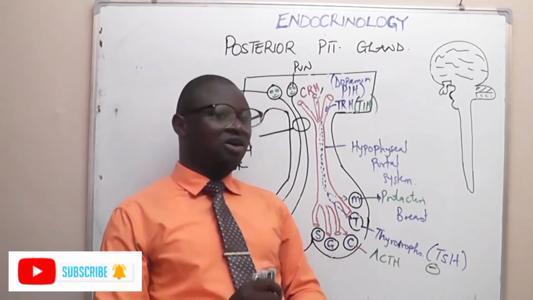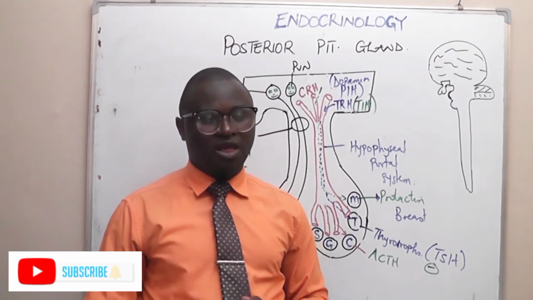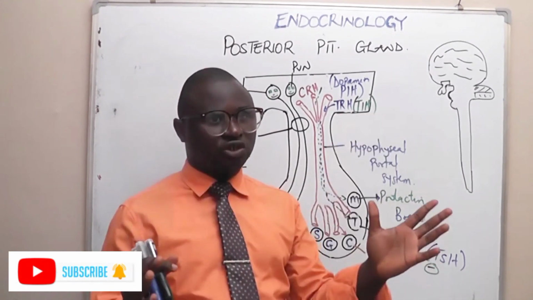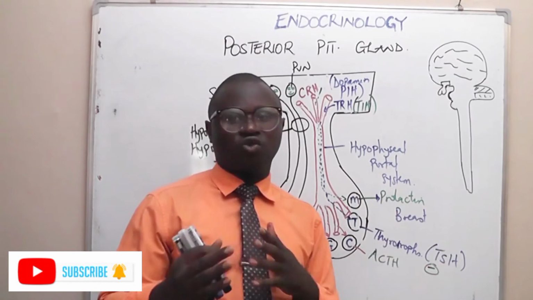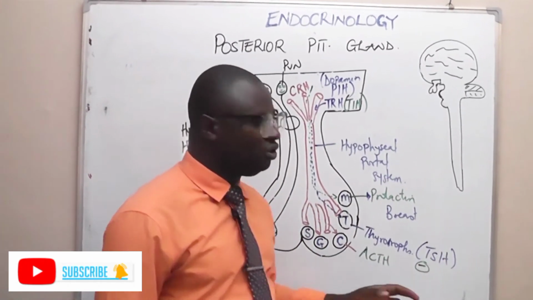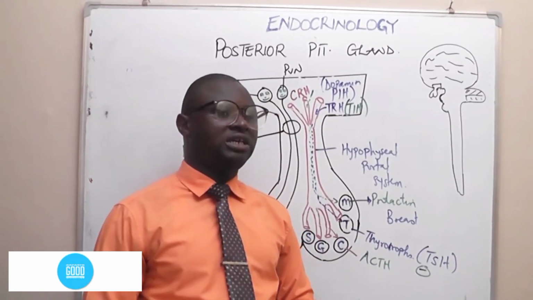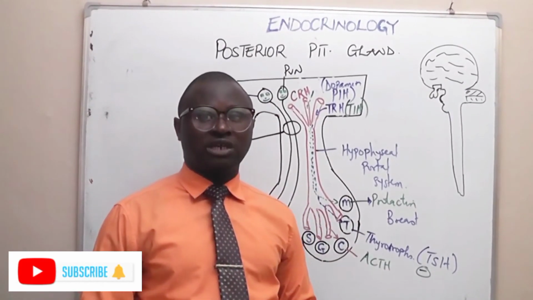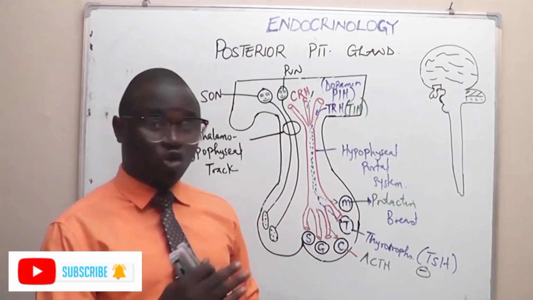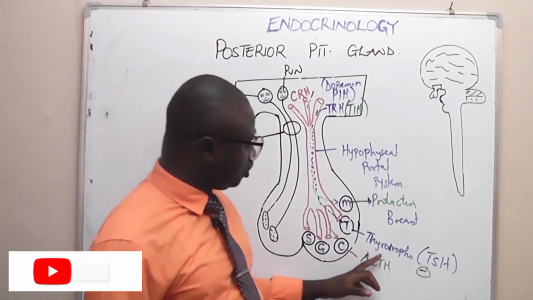Now, this hormone acts on the adrenal gland. The adrenal gland has three regions: the zona glomerulosa, fasciculata, and the reticularis. So basically, this adrenocorticotrophic hormone acts on the adrenal cortex and helps to release specific hormones, which are aldosterone, glucocorticoid, and sex hormone. So that is basically the function of these guys.